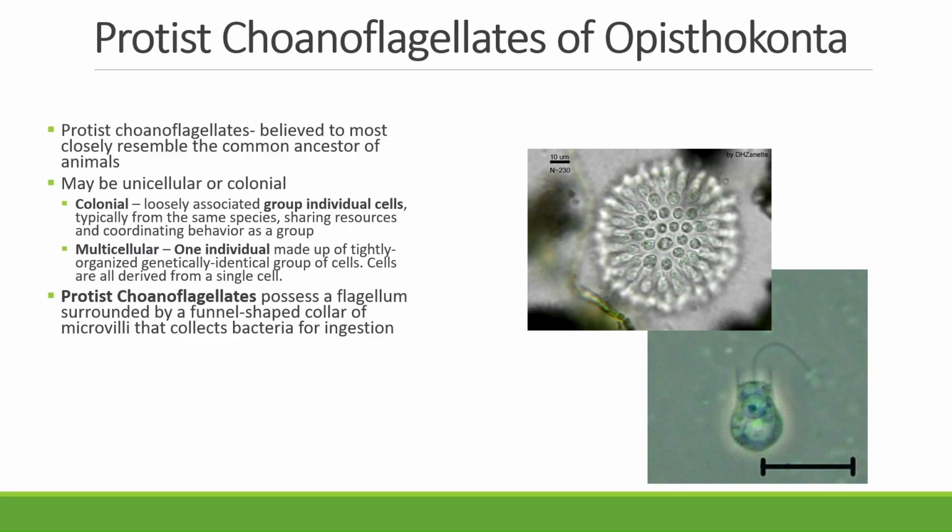The protist choanoflagellates, again, they have that single flagellum at one end, and it's surrounded by a collar, just like the image at the bottom right. The collar has several microvilli. As the flagellum rotates, it funnels water and small bacteria in that water in toward the collar and microvilli that capture and funnel the prey downward for consumption.